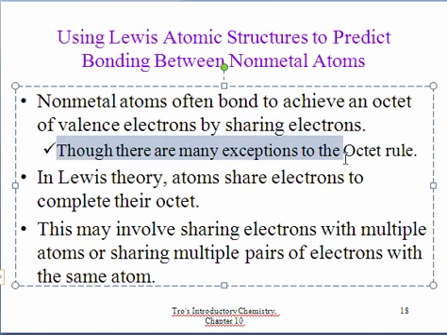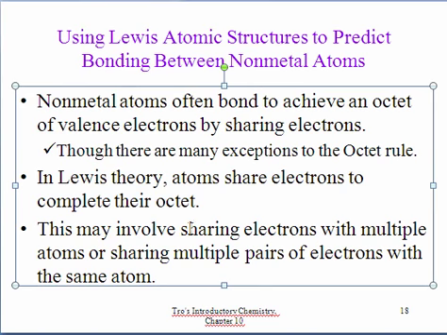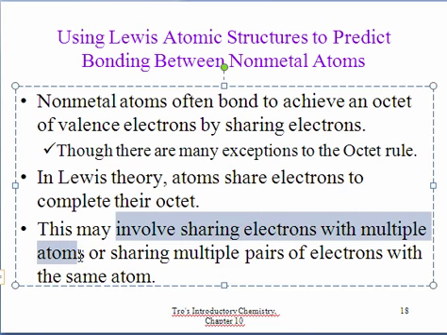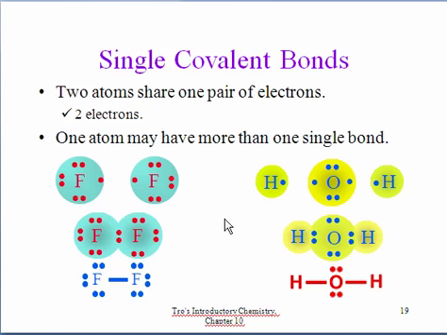Now, there are exceptions to the octet rule, which we will get to, but in the Lewis theory, atoms share electrons to complete their octet to get the stable 8 valence electrons of the noble gases. Now, to get this, they can share electrons with more than one atom, or they can share several pairs of electrons with the same atom. So let's take a look at some of the possibilities.